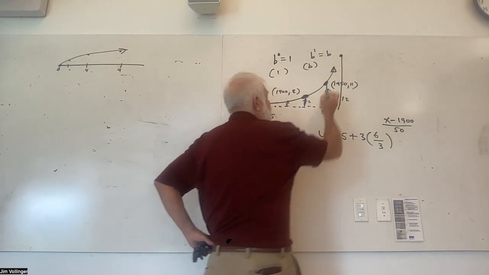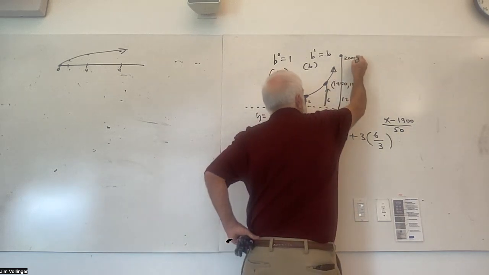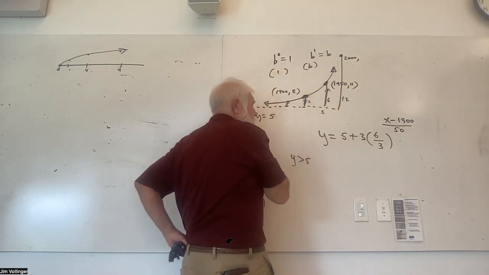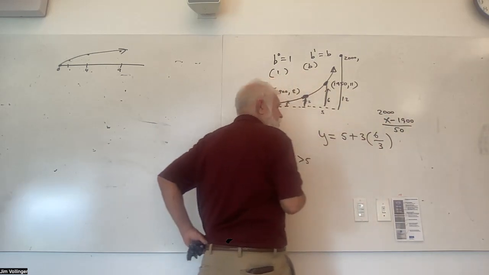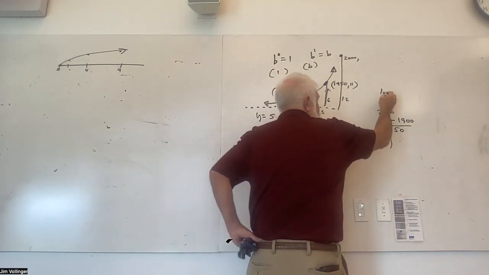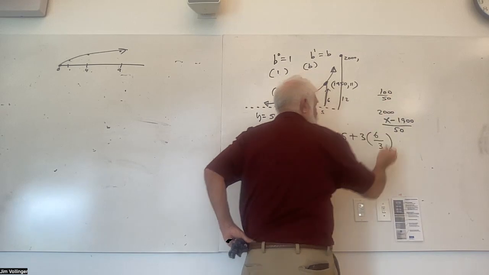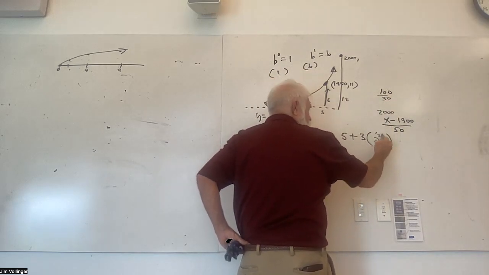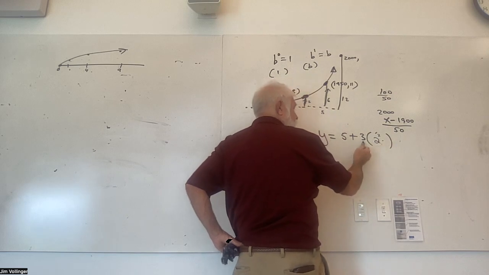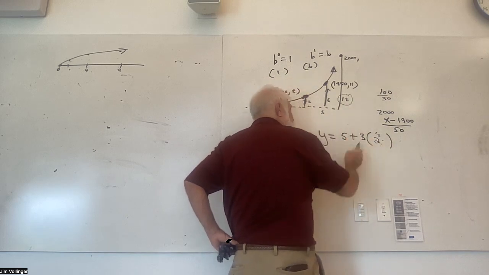Let's see if that happens in the year 2000, because that's 50 more than 1950. So 2000 minus 1900 is 100. 100 divided by 50 is a 2. Well, this is the number 2. 2 squared is 4. 4 times 3, yep, a jump of 12 on top of 5.